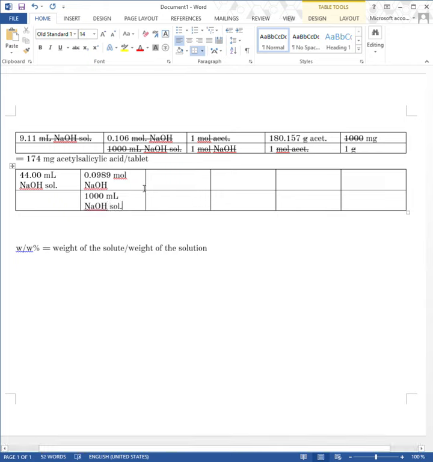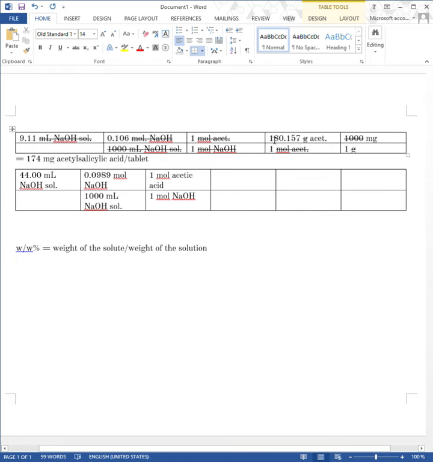Bingo bango, pretty simple. Then we have to do the same thing: determine the ratio of the moles. Look at that, 1 to 1. So 1 mole of, in this case, acetic acid over 1 mole of sodium hydroxide, okay?